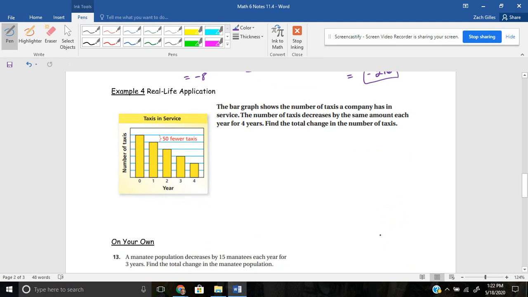All right, finishing up with the last example here, the real life application. It says the bar graph shows the number of taxis a company has in service. The number of taxis decreases by the same amount each year for 4 years. Find the total change.